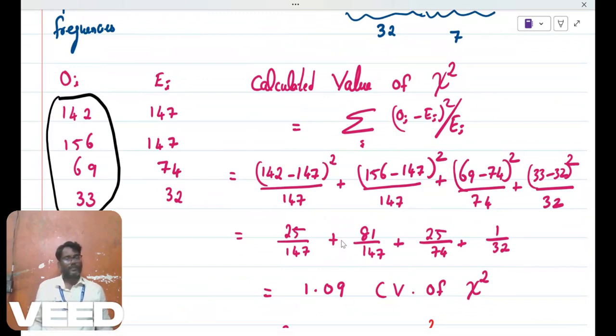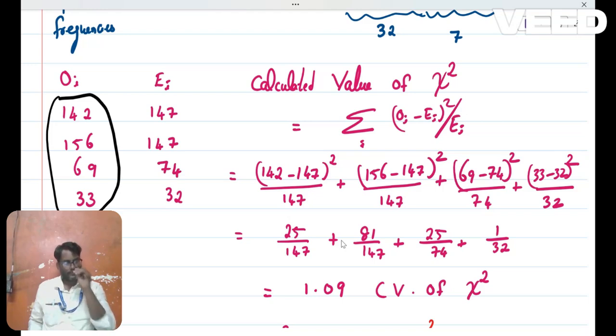Now we compute the calculated value of chi-square, which is equal to the summation over i of (Oi minus Ei) the whole square divided by Ei. So we get (142 minus 147) whole square by 147, plus (156 minus 147) whole square by 147, plus (69 minus 74) whole square by 74, plus (33 minus 32) whole square by 32.